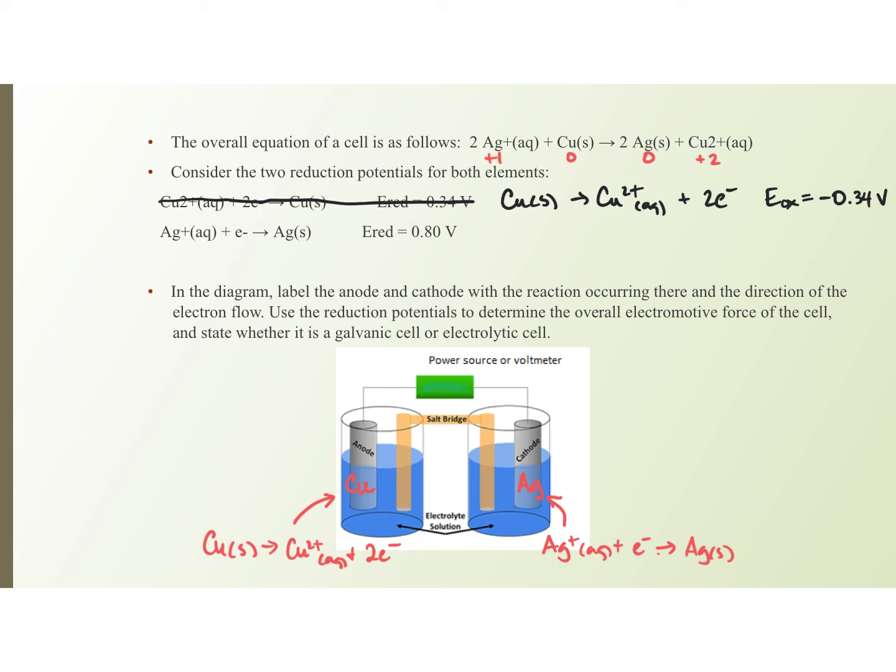Then, which way does the electron flow? As we noted earlier, since copper is being oxidized, it is losing electrons to the cathode, the silver, which is gaining the electrons to become reduced.